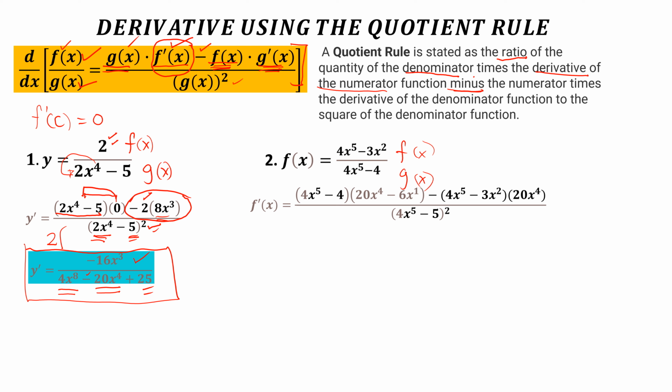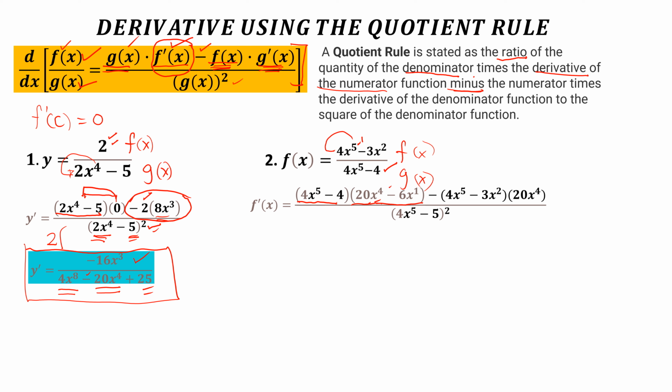For that, the rule says that we just copy the denominator as is. So this is our denominator times the derivative of our numerator. So 5 times 4 is 20. And then the x to the 5th minus 1 is x to the 4.